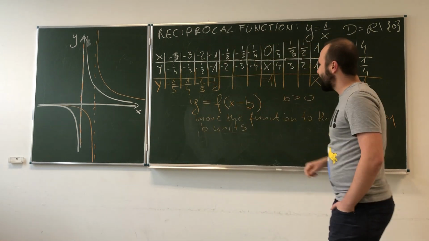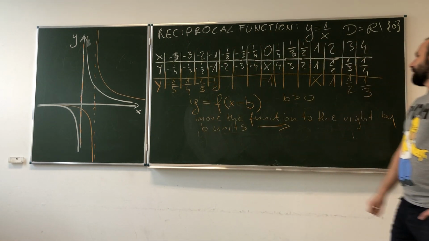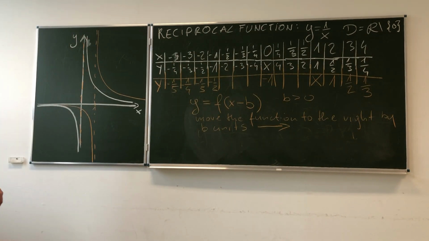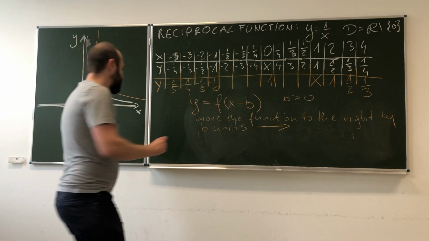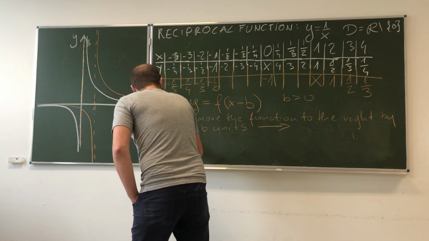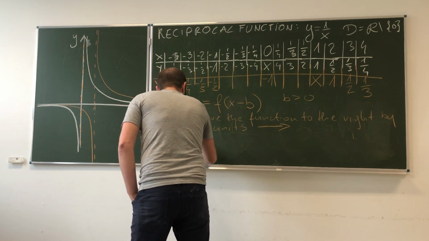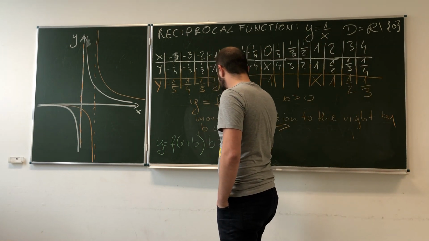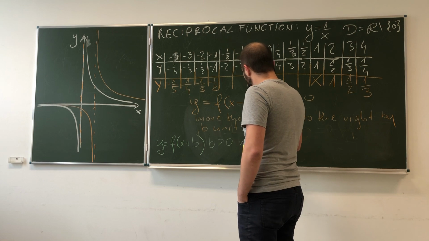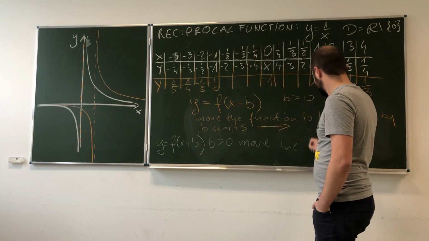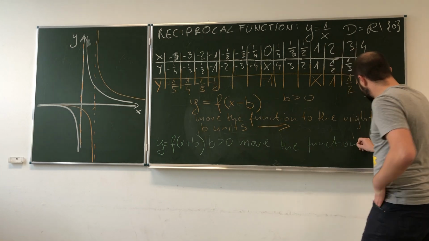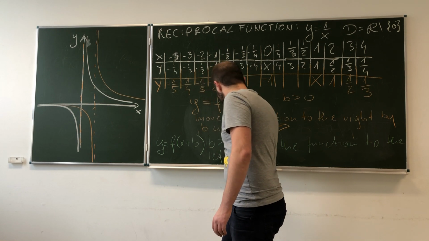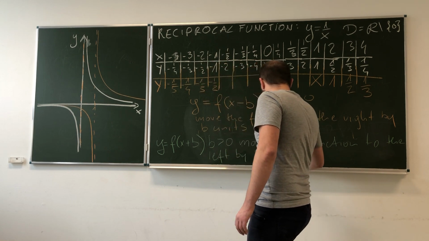So look, if we subtract a number from x, we will be moving to the right. And look, it also works in the opposite direction. If we would have y equals some f of x plus b, again with b positive, we would have to move the function to the left by b units.